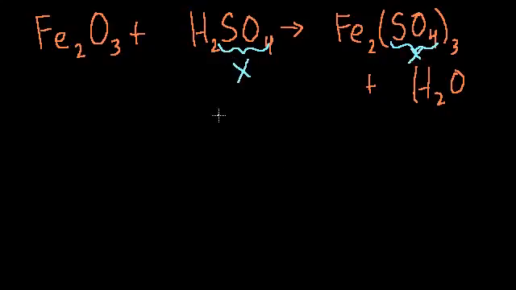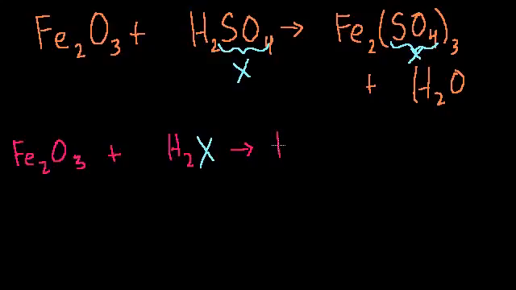And so if we rewrite this, iron oxide plus H2, there's only one sulfate group here, so H2X, yields this molecule with 2 irons, and it has 3 of these sulfate groups, plus water.